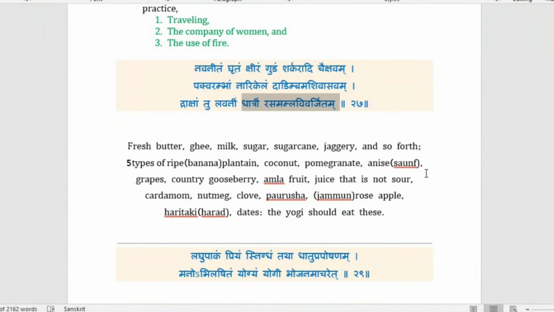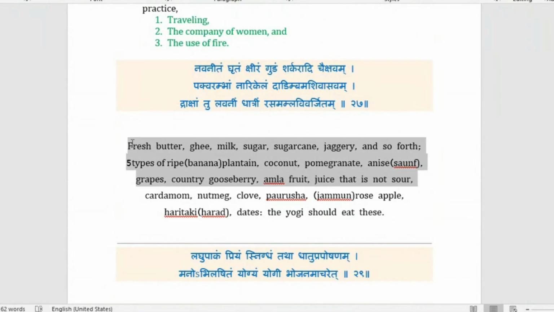Now, there are two translations or two opinions on this. In some books, it is said that makhan, navneet, ghrut, kshira, that is fresh butter, ghee, milk, sugar, sugarcane, jaggery, then five types of banana, coconut, pomegranate, grapes, and amla, all these should be avoided.